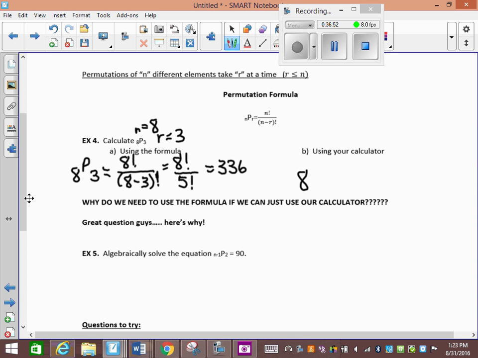Then press math, left arrow, the same place you have for factorial, and you're going to pick number 2. Number 2 says nPr. Then you hit enter, and then you put 3. Enter. And what does it give you? 336. Okay.